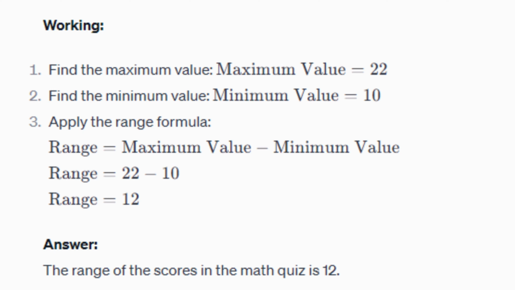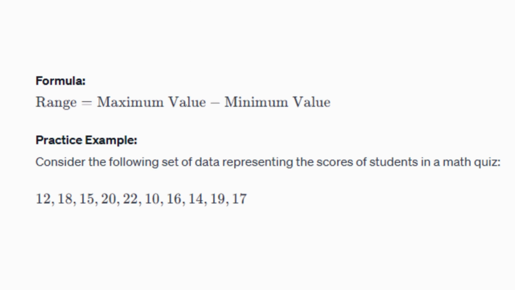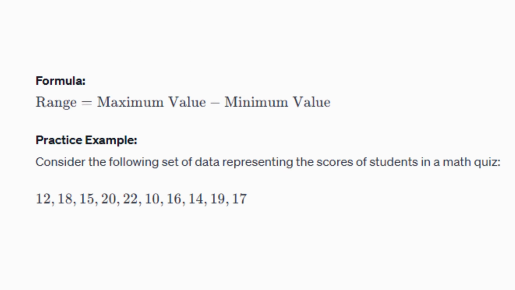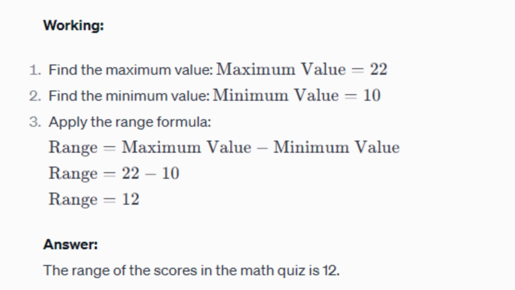Okay? So in your working, you find the maximum value, and in the data set, the maximum value here was 22. Remember, you arrange it in numerical order first, from the smallest number to the biggest number. So the maximum value was 22 and the minimum value in the data set is 10, right? So we say maximum value minus minimum value, and 22 minus 10 is 12.